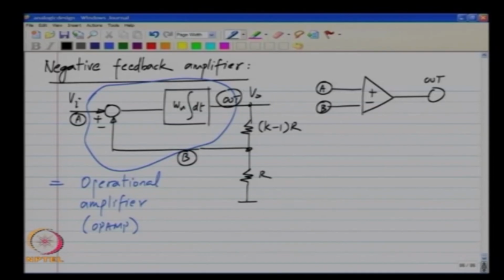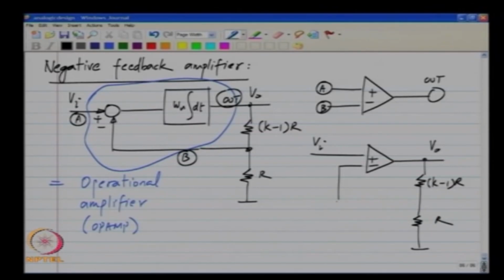It is a block that takes the difference between two quantities and integrates the difference, and you can very easily see that the op amp can be wired up to make the negative feedback amplifier that we have. If I have to use the op amp in this diagram, what I will do is I will apply Vi to A, the plus terminal of the op amp, and the output is divided using the voltage divider, and the output of the voltage divider forms the other input to the op amp.